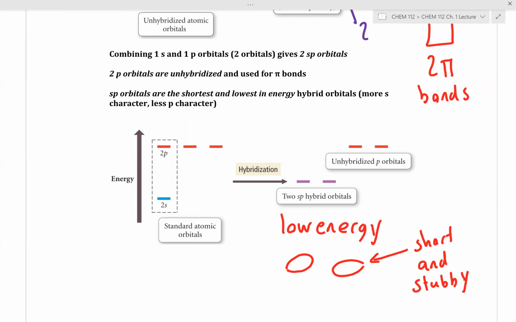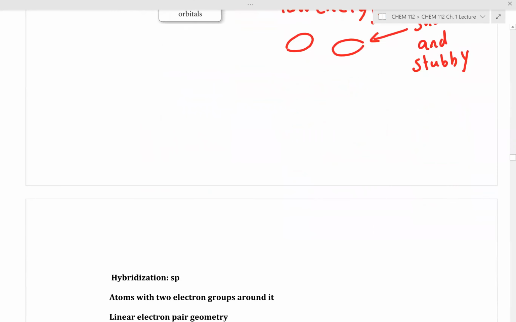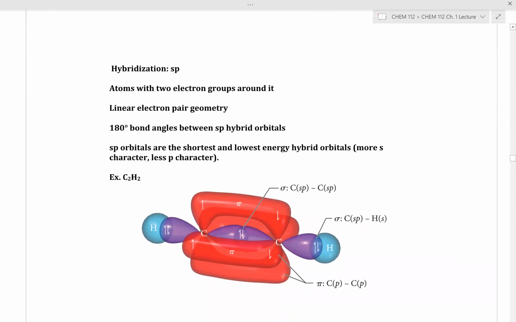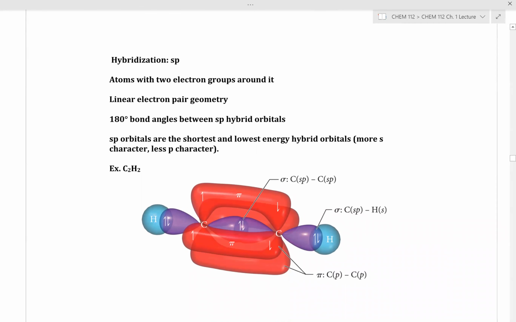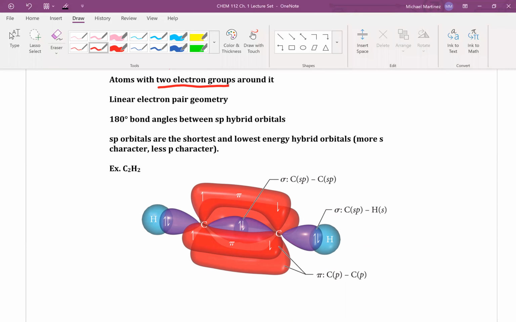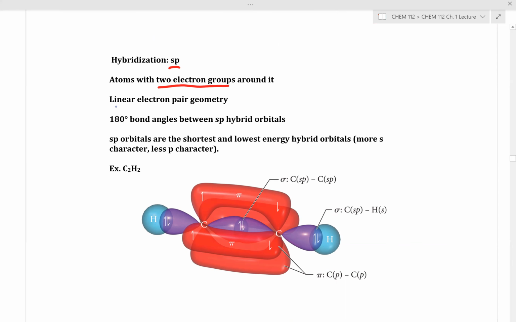So let's talk a little bit and let's try to draw some sample orbital pictures, and let's try to understand how the sp hybridization relates to molecular shape. So the sp hybridization applies to an atom with 2 electron groups. This corresponds to the linear electron pair geometry. In other words, when you observe a geometry with 180-degree bond angles between your atoms, you're dealing with an sp hybridization.